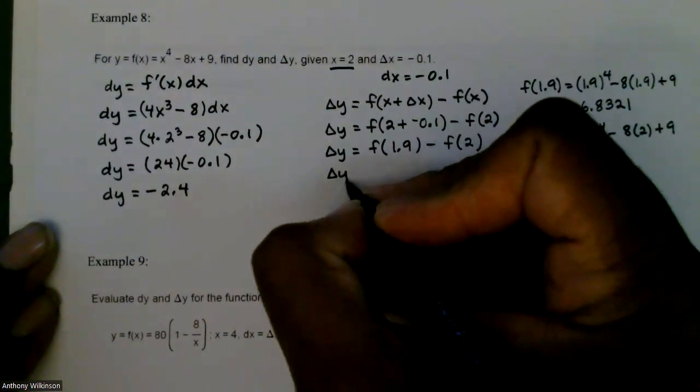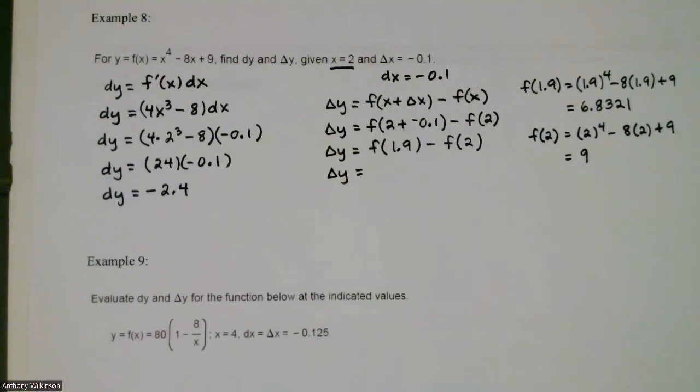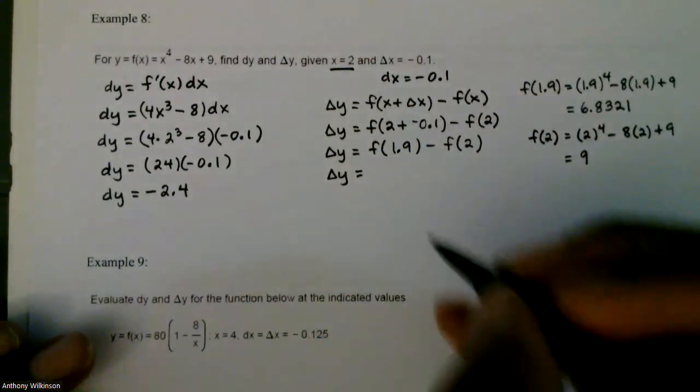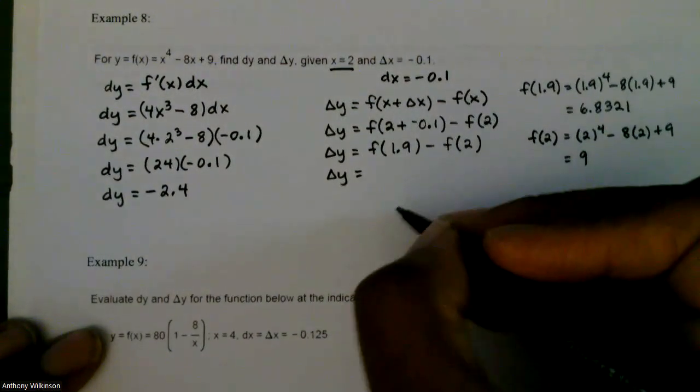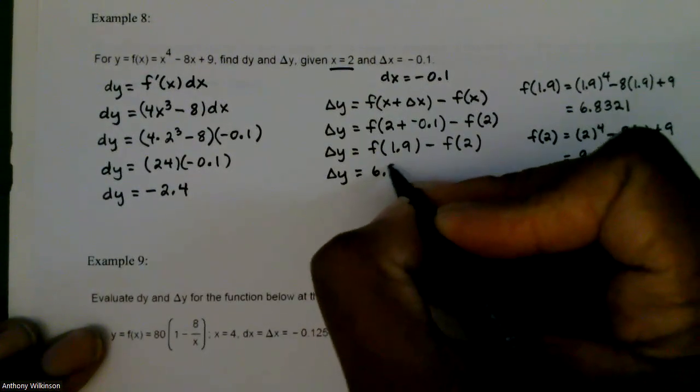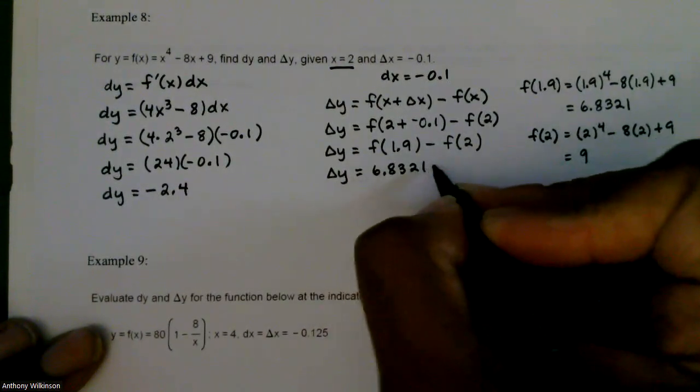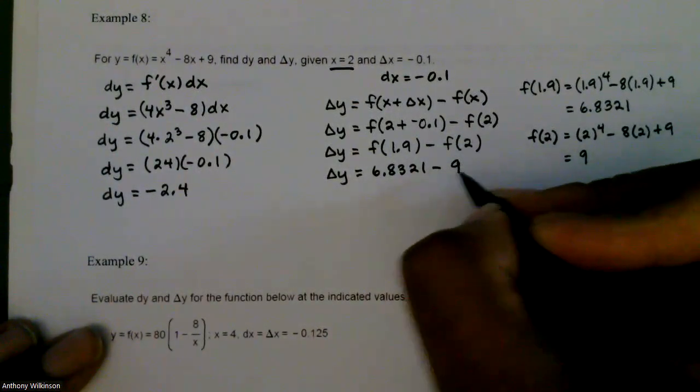So in this case here, delta y would be this. f of 1.9, that's 6.8321, minus f of 2, which is 9.